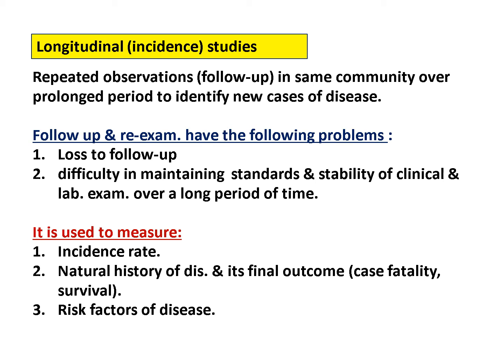For example, if we detect diabetes mellitus in a certain population this year by fasting blood sugar, next year we can't find the kits, or we don't have enough resources to do this test, so we do it by examining the urine only. So in this case, there is difficulty in maintaining standards and stability of the clinical and lab examination.